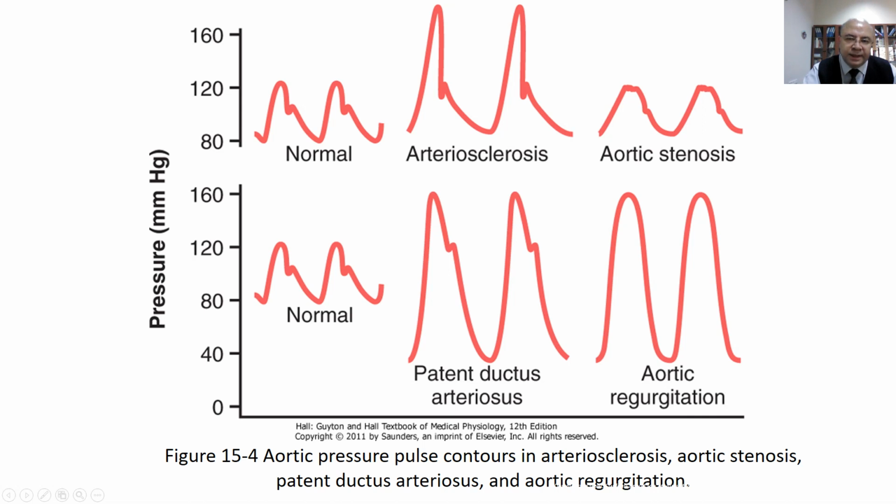As we have said earlier, the aortic wall or arterial wall becomes atherosclerotic and hardened, so no more elastic. When the heart pumps blood into the aorta, since it's not elastic, it cannot store the pressure.